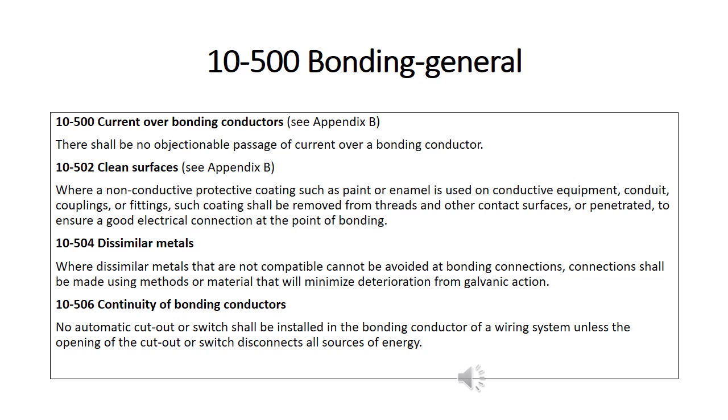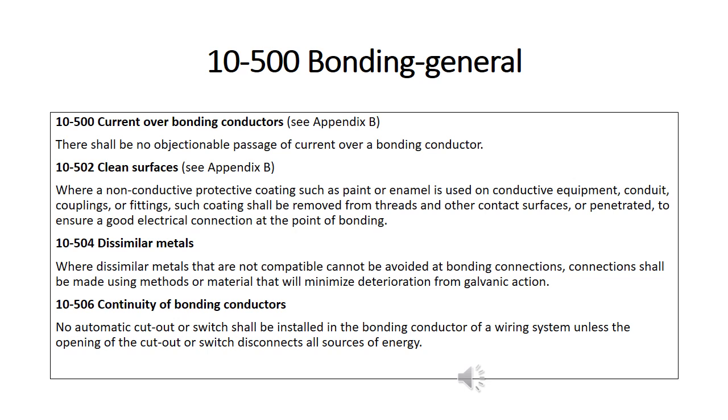10-502. Where a non-conductive protective coating such as paint or enamel is used on conductive equipment, conduit, couplings, or fittings, such coating shall be removed from threads and other contact surfaces or penetrated to ensure a good electrical connection at the point of bonding. 10-504, dissimilar metals.